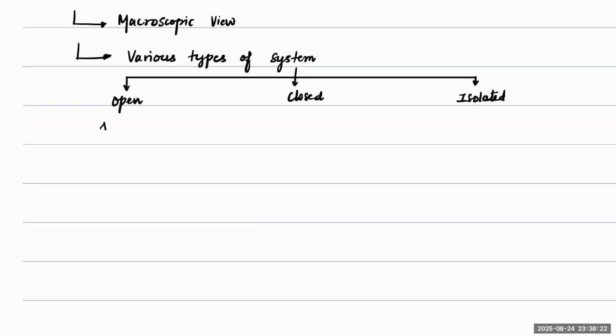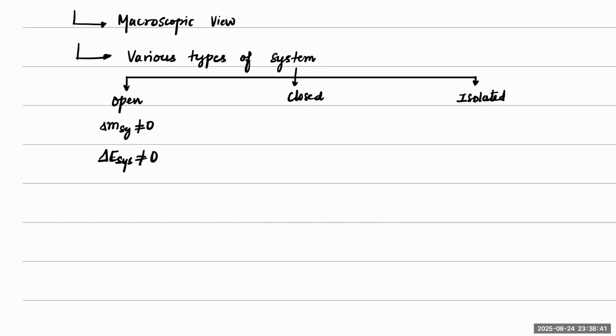Open system is where there is an exchange of mass. That could be between the system and surroundings, there is some exchange of mass. At the same time, there is an exchange of energy also.